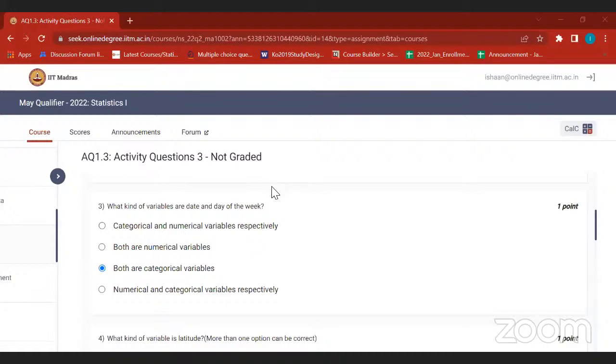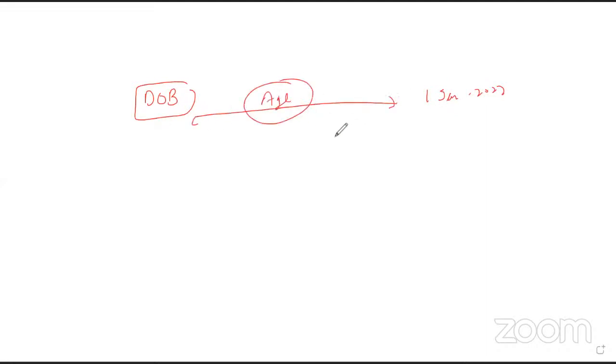But it is also a date. What happens is that in such applications they ask for your date of birth, and behind the scenes they are converting it into age. They find out your specific age, and on the basis of that they decide whether you are eligible or not. So age is a ratio. It's numerical.